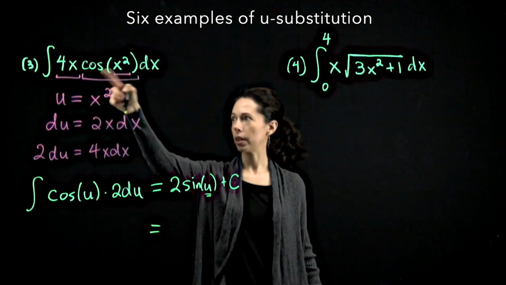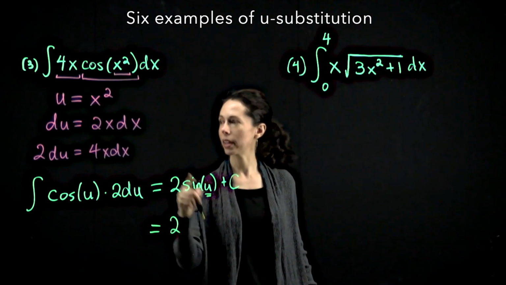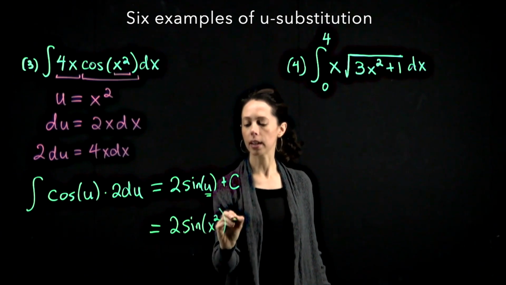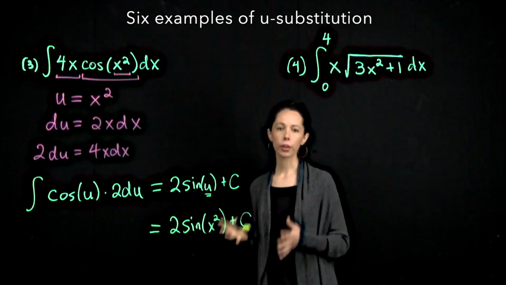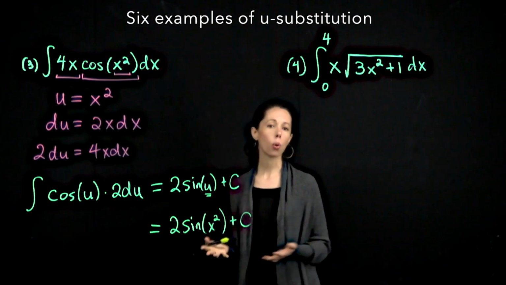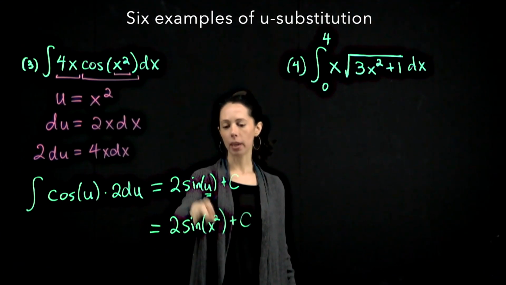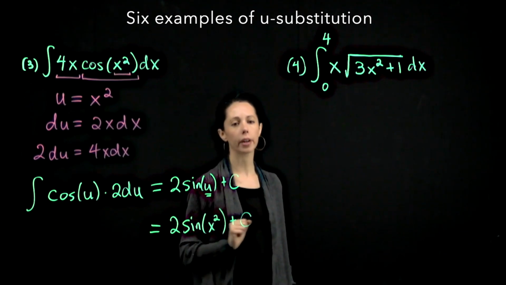So the antiderivative of 4x cosine x squared is 2 sine of x squared plus a constant. Okay. So you can use u-substitution on a definite or indefinite integral. When it's an indefinite integral, you have an extra step where you need to convert from your new variable u back to your old variable x.